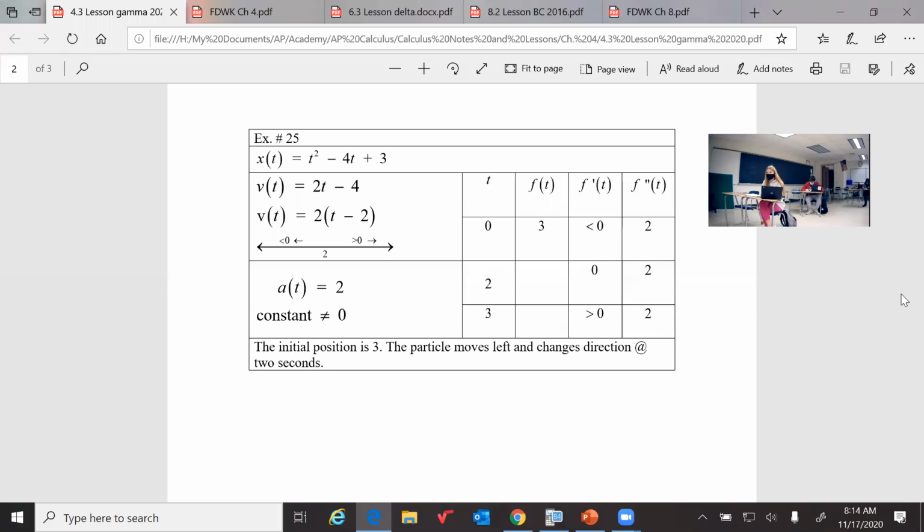The velocity function is linear. It has 1, 0, and 2. So the time 2 is when that changed direction. The time 2, the first derivative 0. Here's the sign change. It went left, it paused at time 2 and went right. And the acceleration was constant.